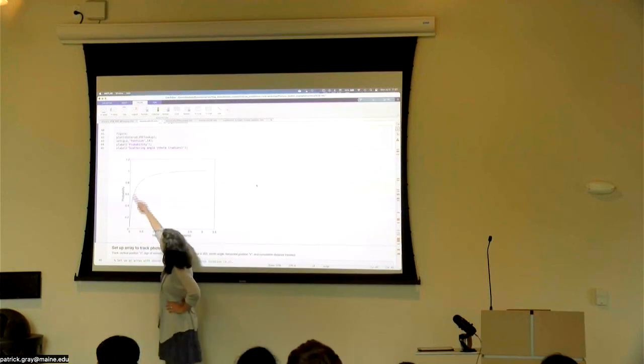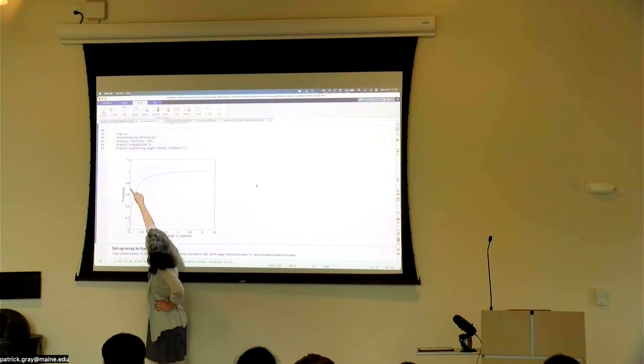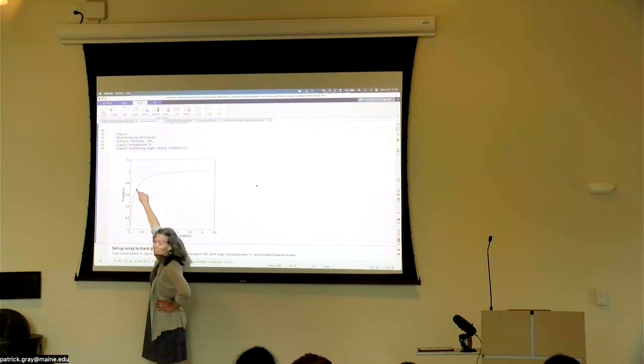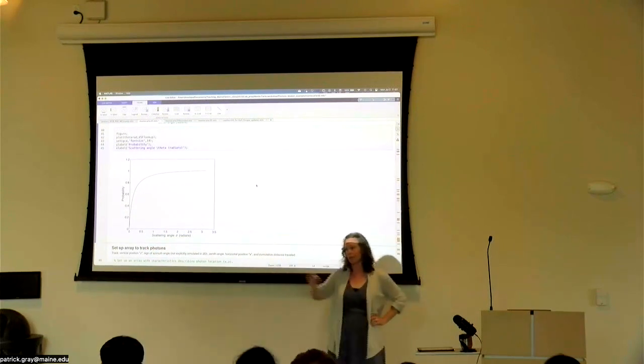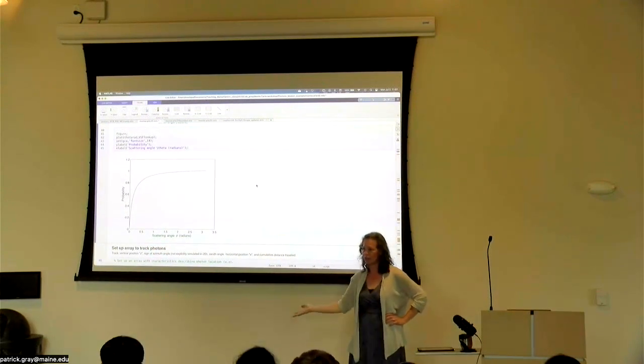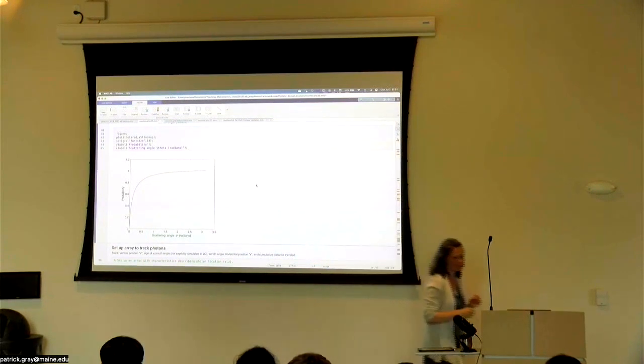The random number generator is going to pick things between 0 and 1. If it picks a number here, 0.3, 0.8, it's going to have that scattering angle. 0.6, 0.7 is going to have that scattering angle. Only if it picks a number very close to 1 will it scatter in a more sideways or backwards direction. Okay. Clear?